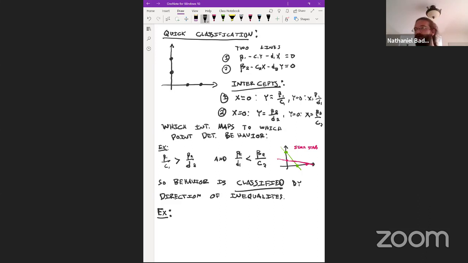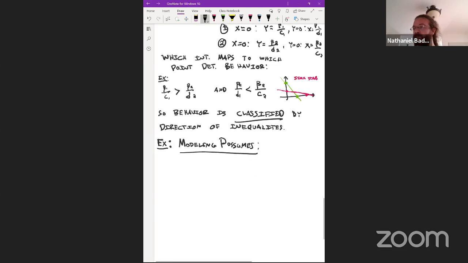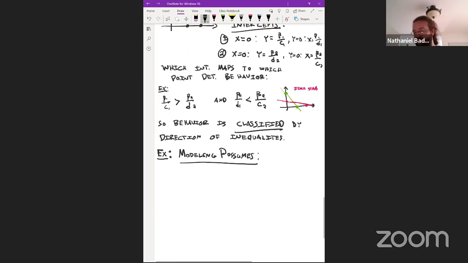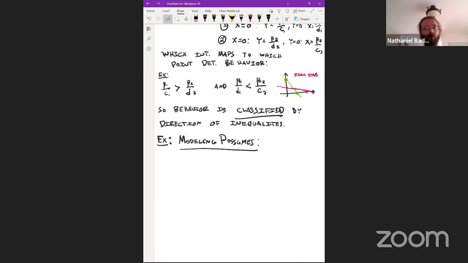Okay, so let's look at another quick example. Modeling possums. So the idea here, and we'll go through this a little bit more quickly. I'm not going to do a bunch of algebra out, but do ask if you have questions.